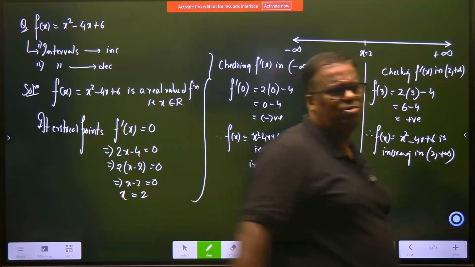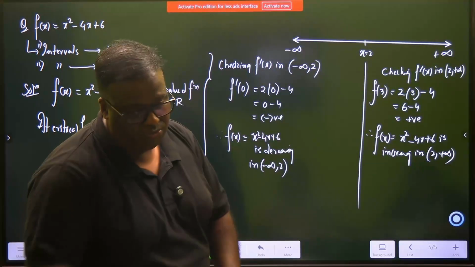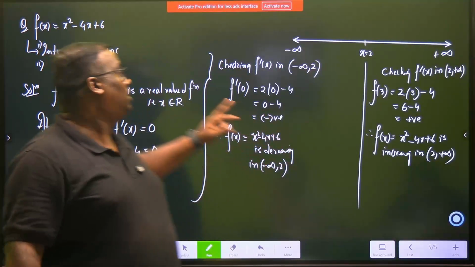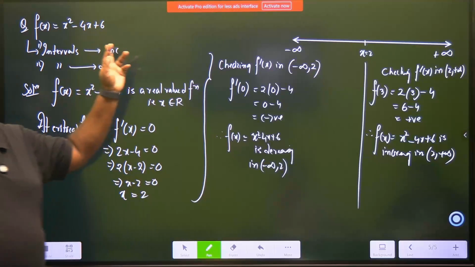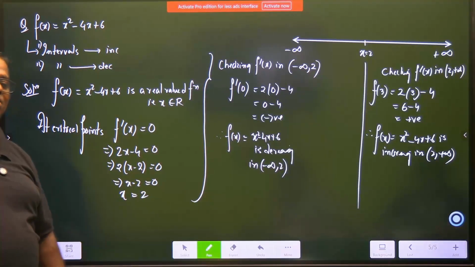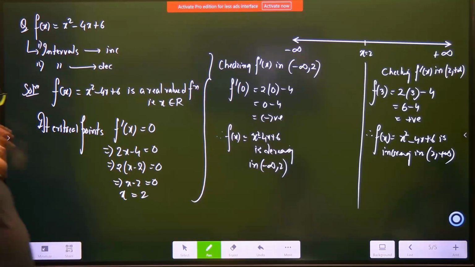If you have a mobile, you can just go to Google and type graph, y equal to, or f(x) equal to, and see how the graph trends. Let's see on this one.